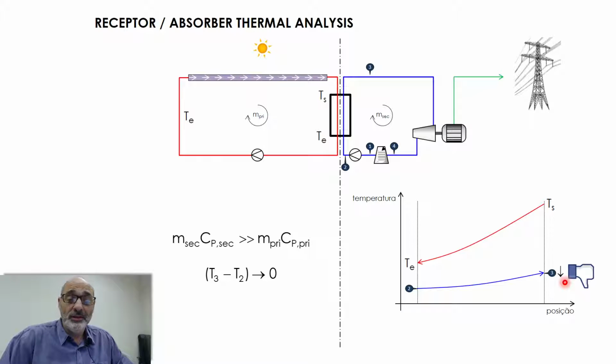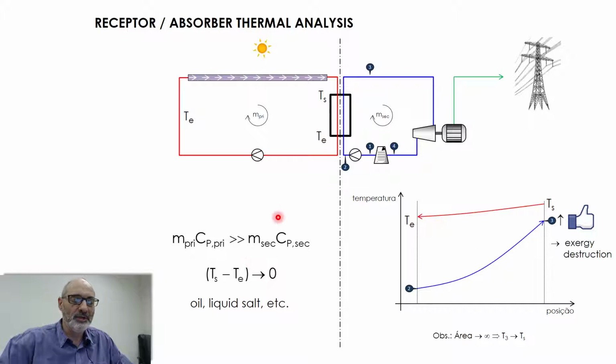And as I mentioned, this is not good. Why? Because we want to have a very high T3. We want to increase T3 in order to increase the first law efficiency of the conversion cycle here. So we have to work to avoid this situation.